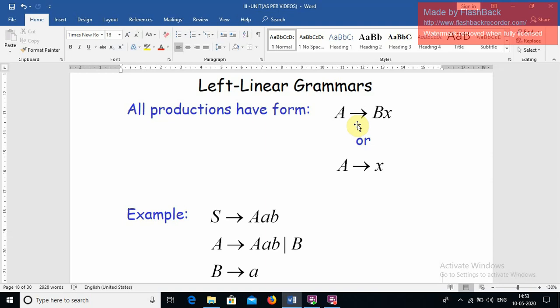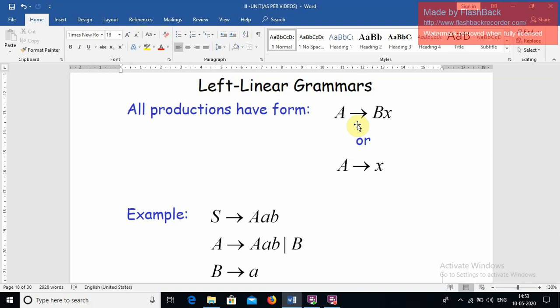Context free grammar means only one non-terminal exists at the LHS side. In that context free grammar, if at most one non-terminal is present at the RHS, that is linear grammar. In that linear grammar, there is left linear grammar and right linear grammar.